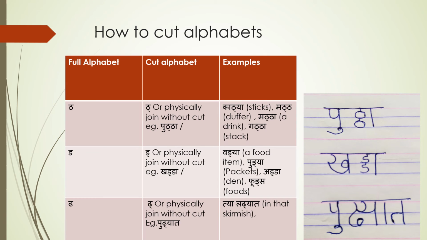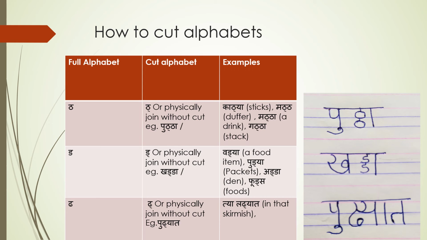Also, examples of some alternatives are given here. For example, if it is Putta or Khadda, where the same letter is being cut in half and attached to itself, like Pu, then half Th and another Th and then the vowel A. In this case, you can actually make them sit in one place and write the letter one below the other. Putta or Khadda are a couple of examples.